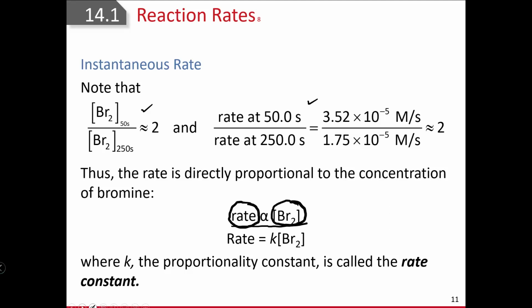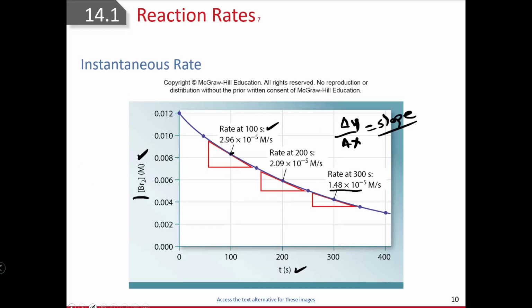So let's go back to that just to show you what we're talking about. If you go back to that plot, you can see that the change is much steeper in this region than down here. It's flattening out. So this is a steeper curve at the top.